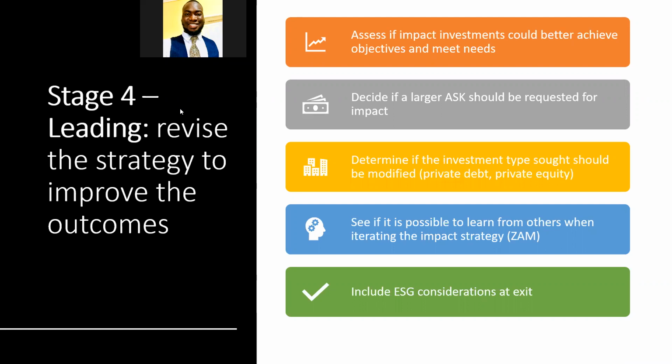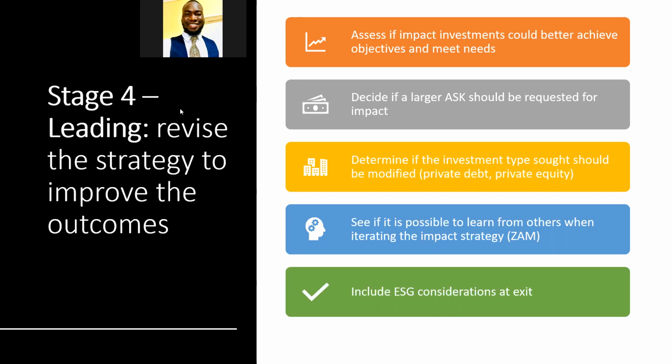And then we also get to determine if the investment type sought should be modified. Is it going to be private debt? Is it going to be private equity, or is it going to be a mix of the two? And then under the same stage, we'll also get to see if it's possible to learn from others when iterating the impact strategy.